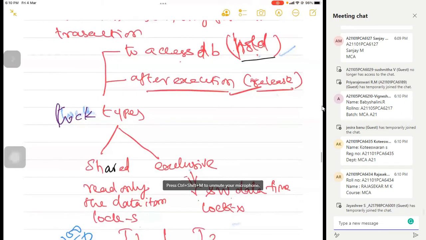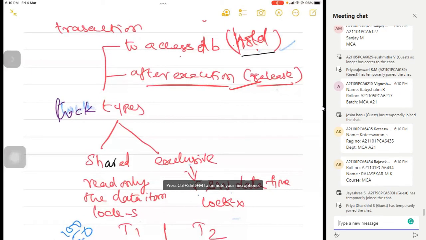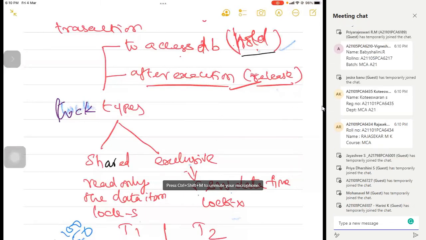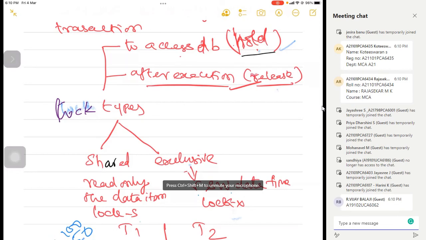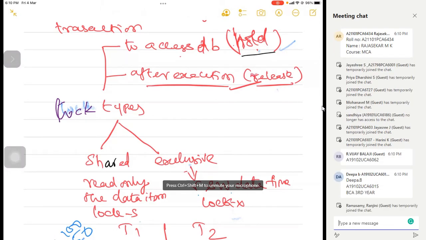So there are two types of locks: shared lock and exclusive lock. Shared lock means, while we are doing read operations only, you can keep the shared lock. Once we keep the shared lock, that resource can be accessed by other persons also, because it is a shared lock.